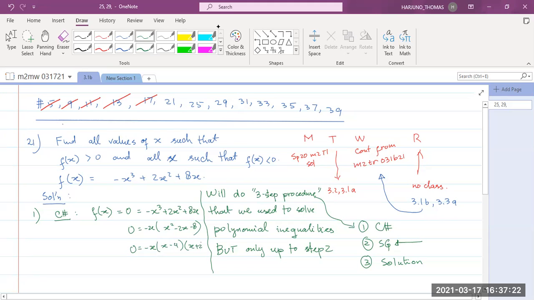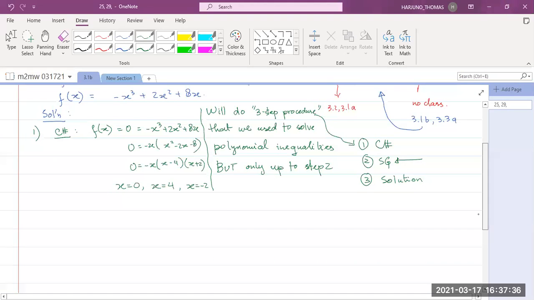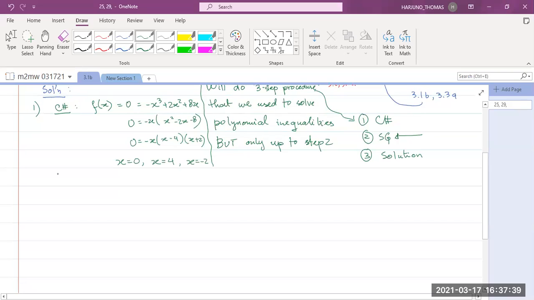So the critical numbers are x equals 0, x equals 4, and x equals negative 2. Now next we do the sign graph. Negative 2, 0, 4. Those are the critical numbers, right? And for the polynomial, they give us zeros, right?